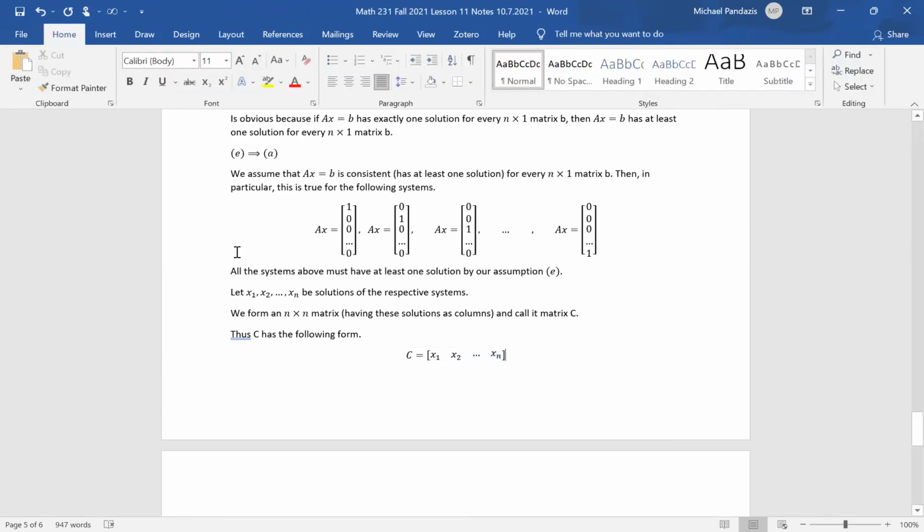But the x's are columns, right? Because we've established that here, having these solutions as columns. You can't tell it from here that they're columns, so I'm stating it there.